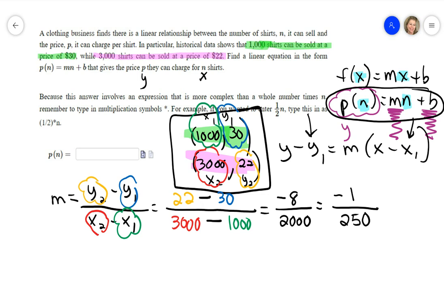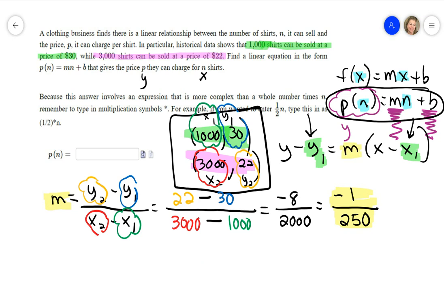Since it does say x sub 1, y sub 1, I'll use the first point right here. And then we found the slope was -1 over 250. That was m. That's going to go right there.